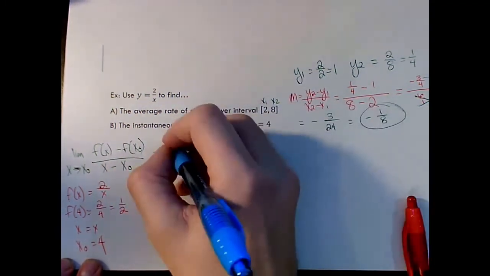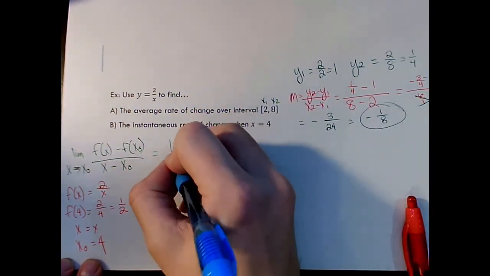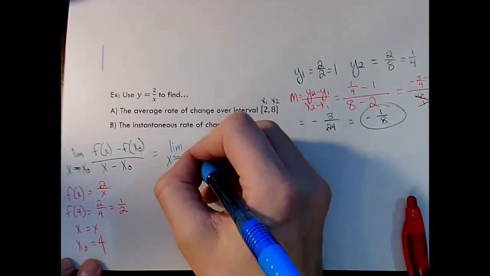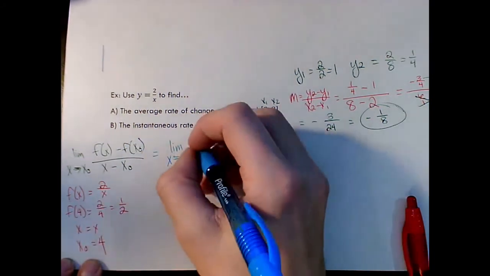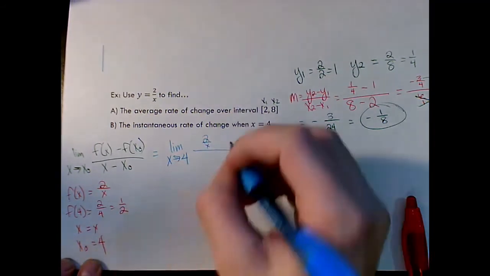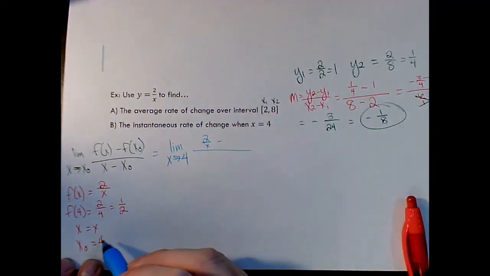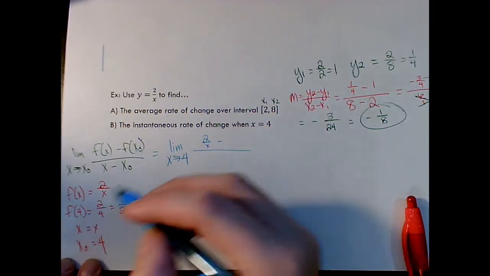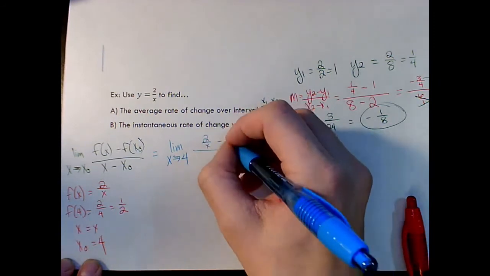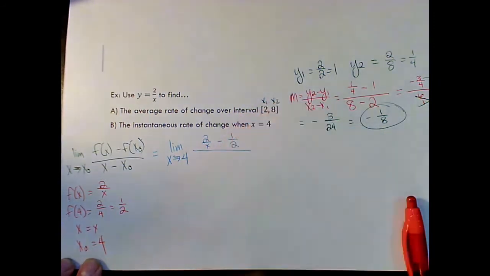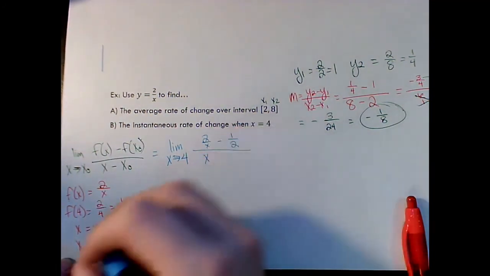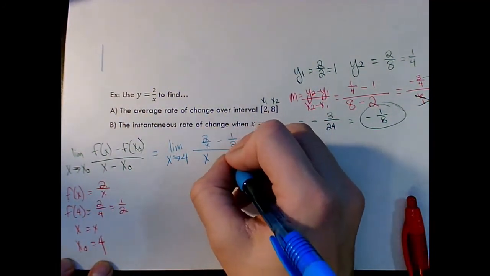So this becomes the limit as x approaches 4 of f of x, which is 2 over x, minus f of x sub 0, which is f of 4, which is a half, over x minus 4.